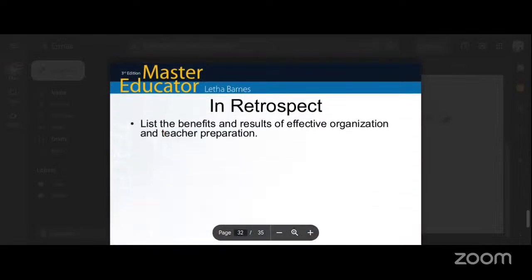Okay, in retrospect, let's list the benefits and results of effective organization and teacher preparation. In your own time, think about what some of the benefits of being prepared are. Your class is going to run as smoothly as possible. You always say anything could happen, but you're not going to be stressed. The students are not going to be stressed as well.